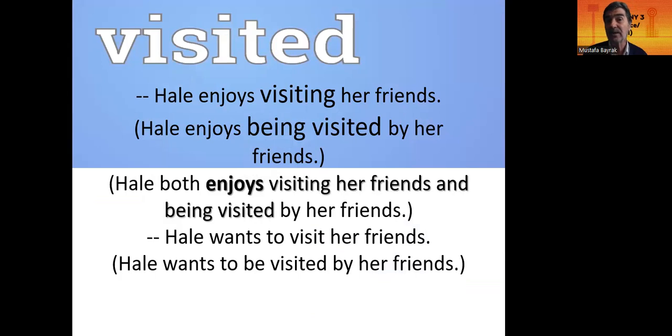Hale enjoys being visited by her friends. These are all simple present tense. Hale both enjoys visiting her friends and being visited by her friends. But what about infinitive? Hale wants to visit her friends. Hale wants to be visited by her friends.